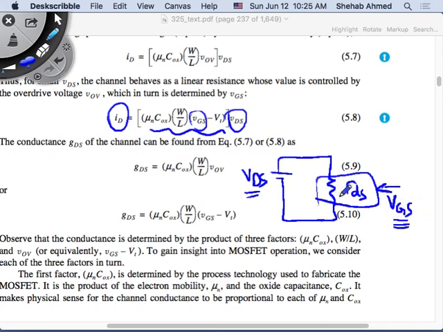Is that the resistance in the channel? Yes, that's the resistance in the channel. It relates ID and VDS. So you have a resistance that you are controlling that is in the flow of current ID that you are drawing from your power supply, VDS. You see what's happening? So is this good or bad?